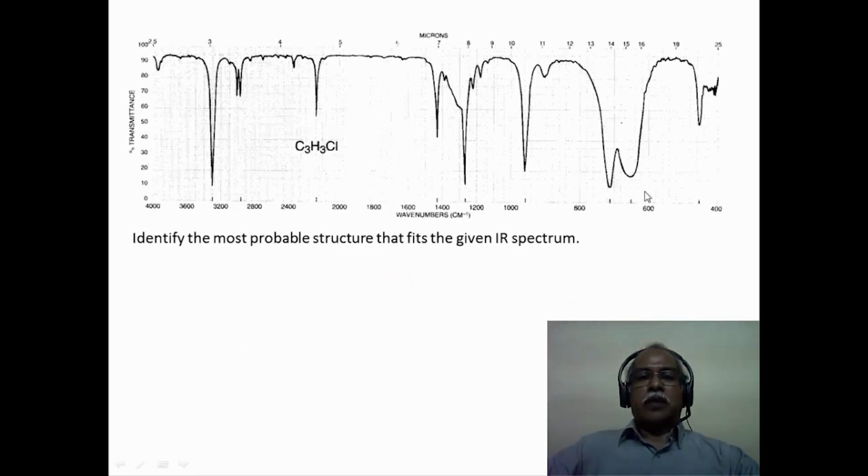There is the infrared spectrum of a compound with the molecular formula C3H3Cl. What is the most probable structure that will fit this particular data? Now as you see the infrared spectrum, you need to understand its characteristic features. There is a sharp peak around 3250 or so, and there is another sharp peak around 2100 and something, 2200 and some frequencies.